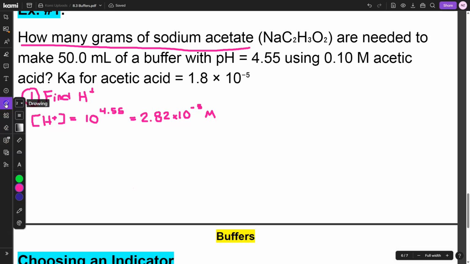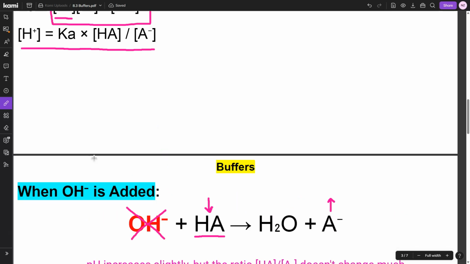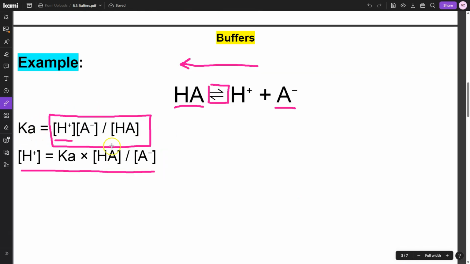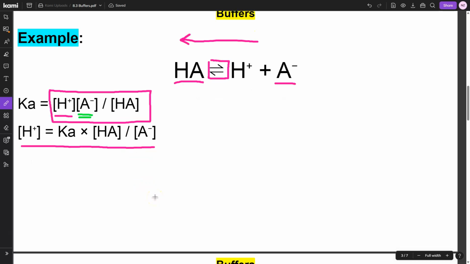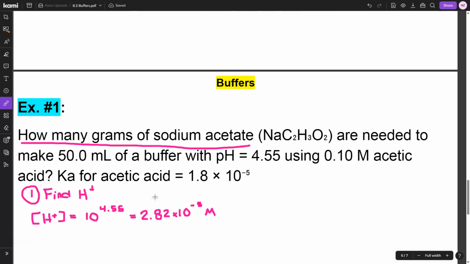Okay, now that we have H+, we are going to use our rearranged Ka expression. So we're going to take Ka and rearrange it. It's asking us to find basically the grams of our conjugate, so we need to find the concentration of our conjugate. So we're going to rearrange this equation.